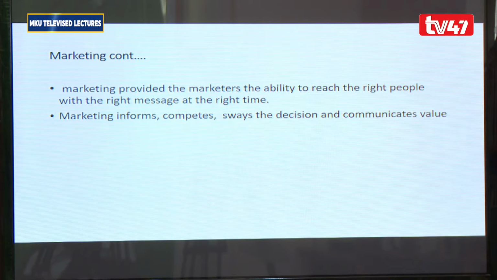Marketing informs, and it competes. Marketing is also a forum to compete. I like the way maybe Safaricom and Airtel keep competing. Each one of them tries to bring out the weaknesses of the other. So marketing is also a way of competing. For example, Airtel will tell us that Safaricom doesn't give us 100% of what they sell to us. And they will create that market.